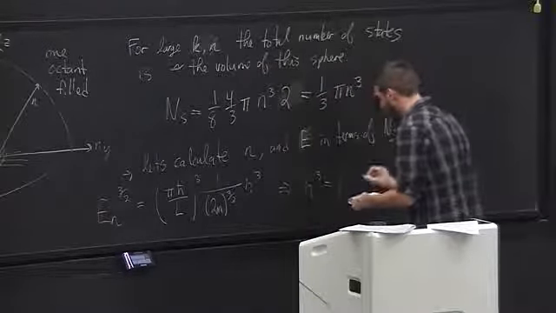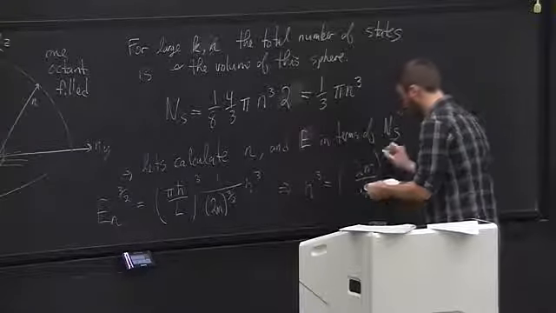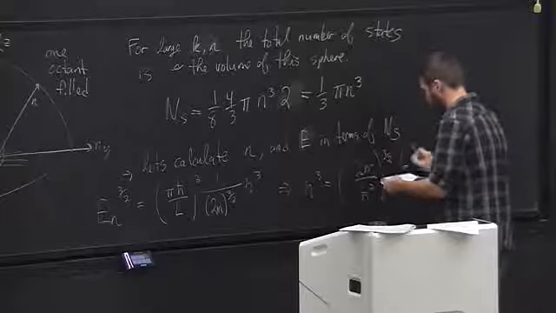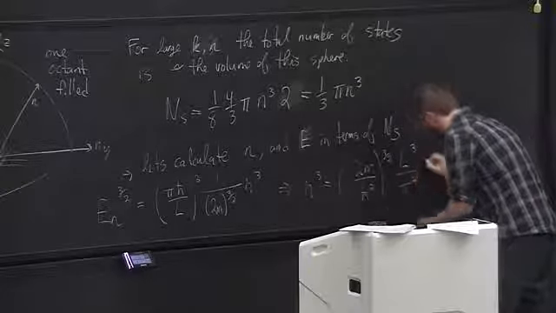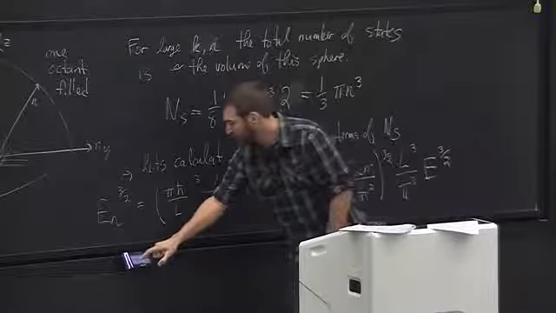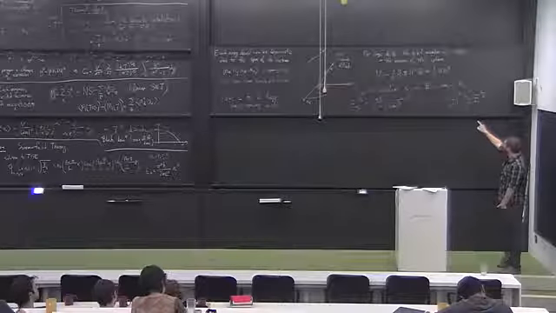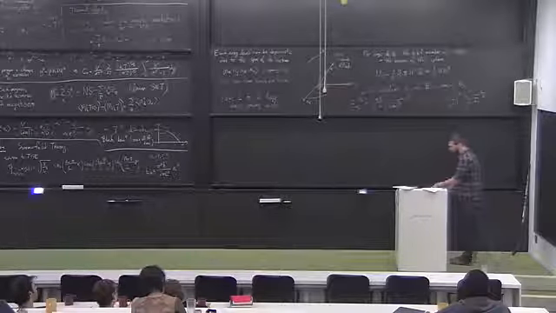So from that, I get my n cubed, which is proportional to E to the 3/2. So my N_s is sort of trivially 1/3 pi times this thing.